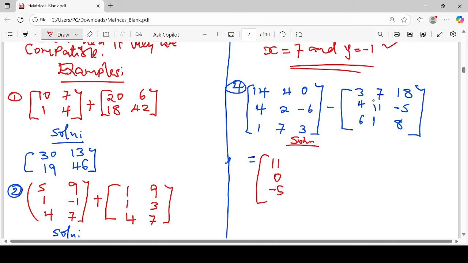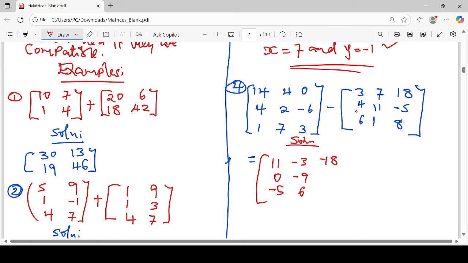Then 4 minus 7 is negative 3. 2 minus 11 is negative 9. 7 minus 1 is positive 6. Also here, we have 0 minus 18, that's going to be negative 18.